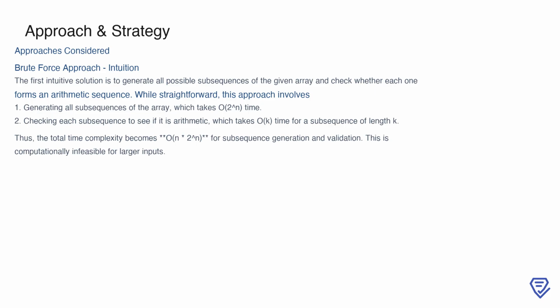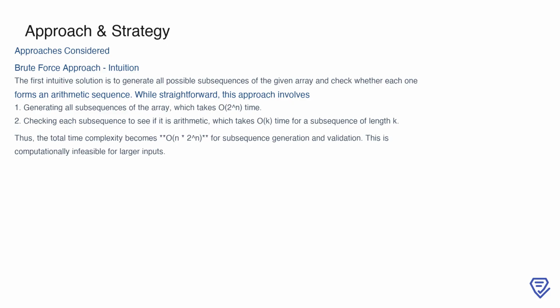To begin solving this problem, the most intuitive approach is the brute force method. Here, we generate all possible subsequences of the given array, and for each subsequence, we check whether it forms an arithmetic sequence. While this method is straightforward and easy to understand, it comes with a significant drawback. Generating all subsequences requires 2^n time, as the number of subsequences grows exponentially with the size of the array.